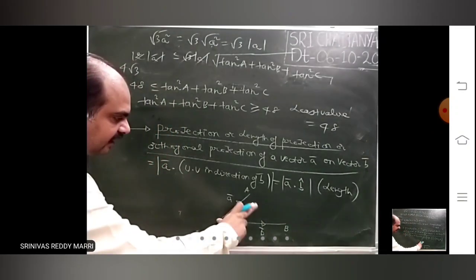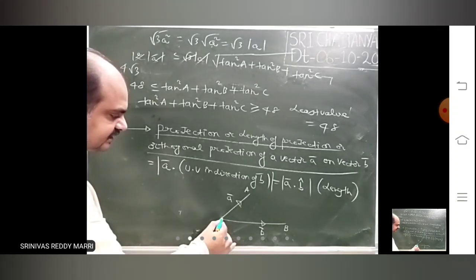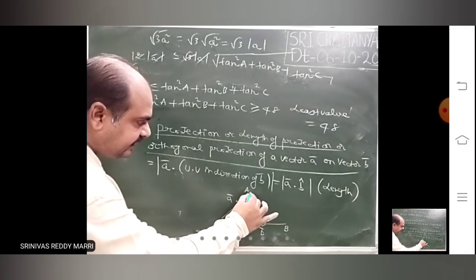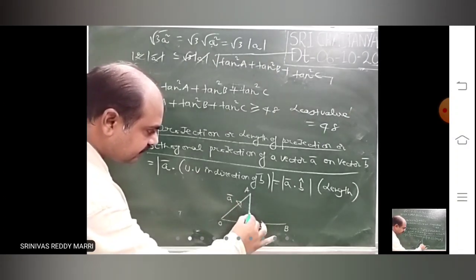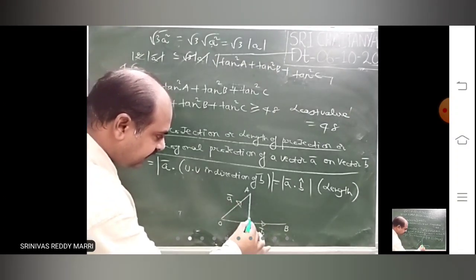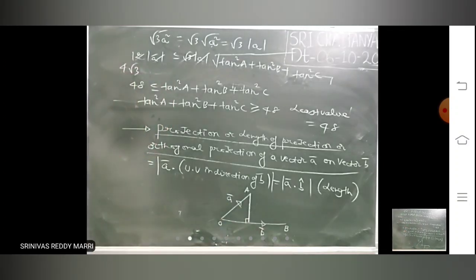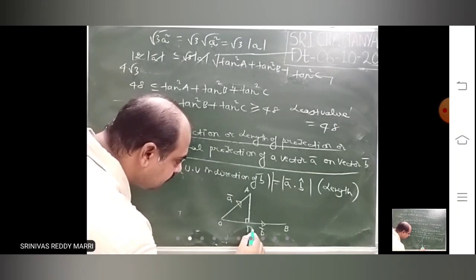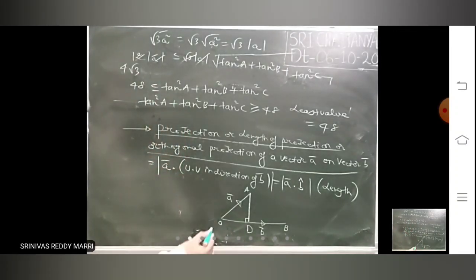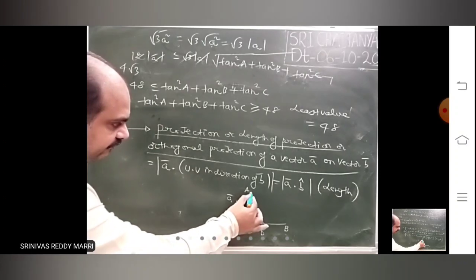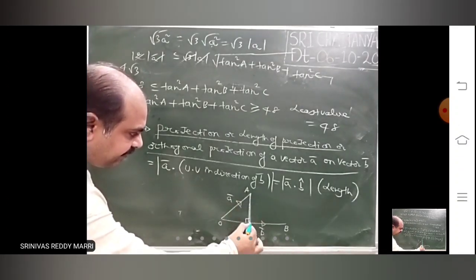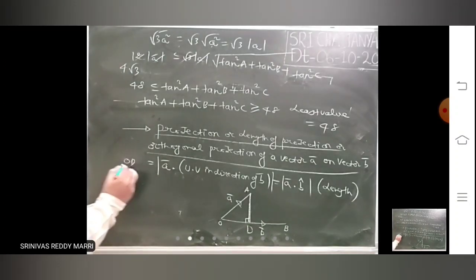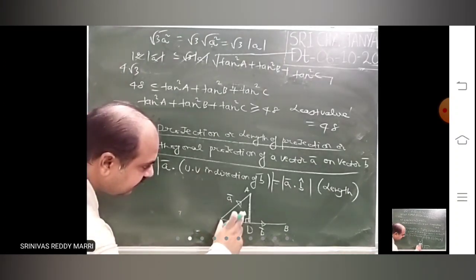Projection of this vector on this vector: the initial point is the same, and from the terminal point you drop a perpendicular. Then this OD length is there.